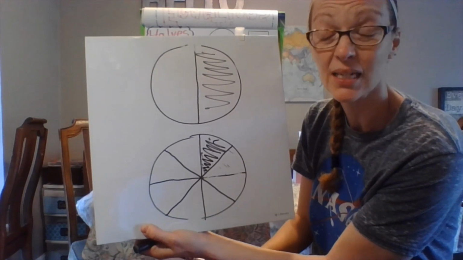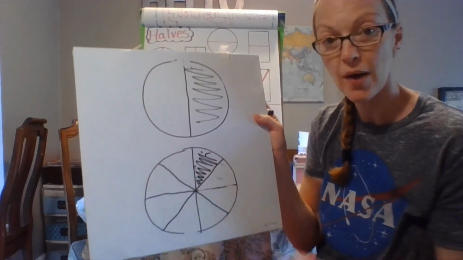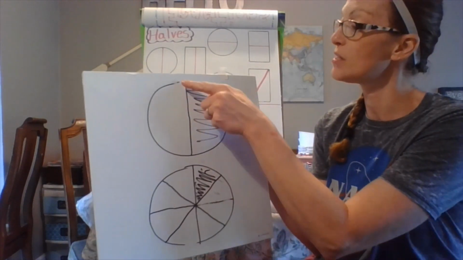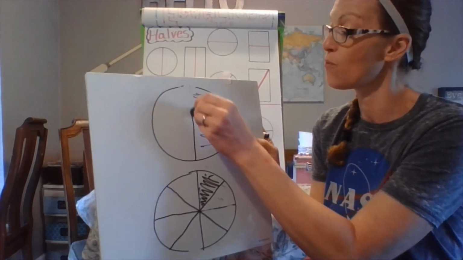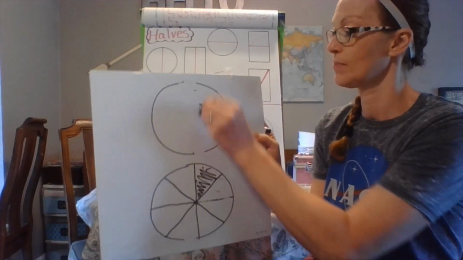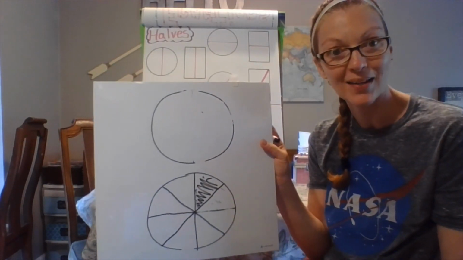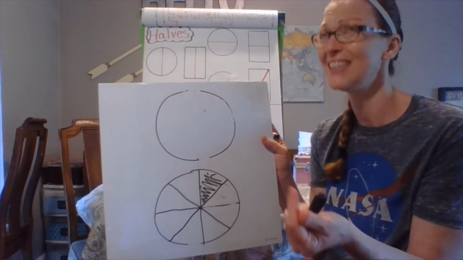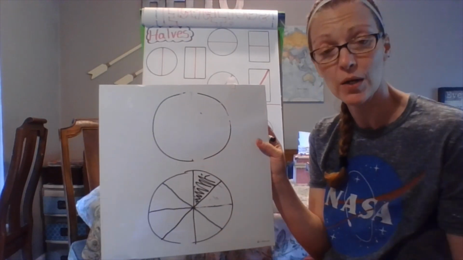That's really small, isn't it? So the more parts you have, the smaller the pieces. Because if you just had one whole, I only have one part. Look how big it is. Would you rather have one whole or 1/8? Definitely, especially if you're hungry, one whole.